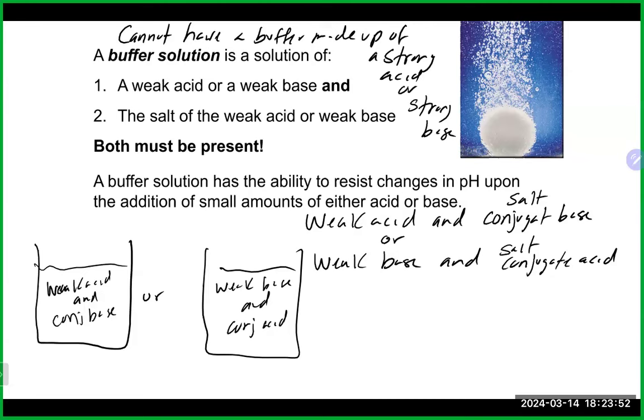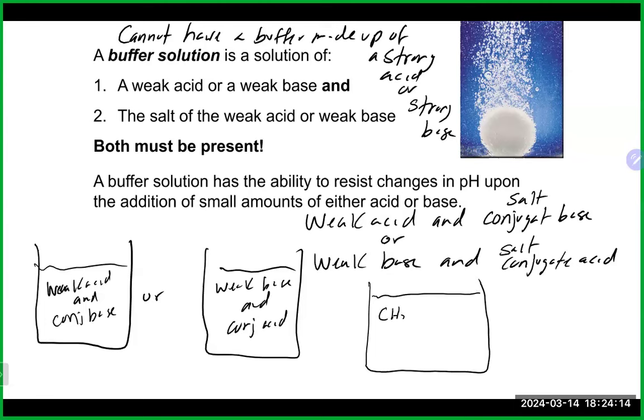Now, the reason why you cannot have a buffer made up of a strong acid or strong base is that only a weak acid or weak base will set up an equilibrium. So for example, take everybody's favorite buffer example, acetic acid and sodium acetate.